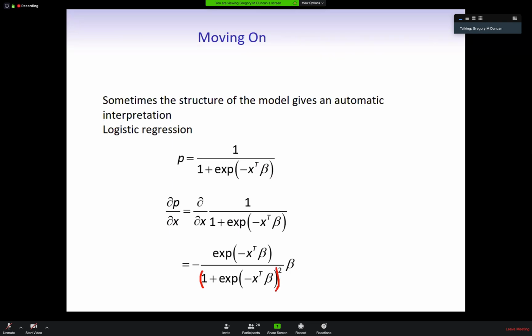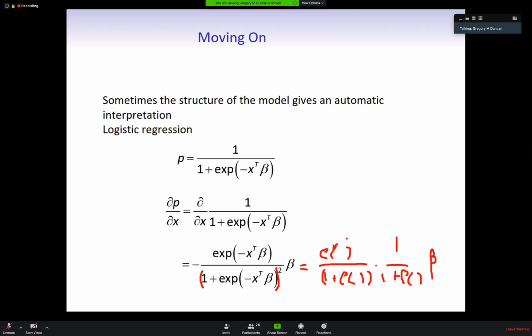Sorry about that. And so this equals, I'm just going to write E stuff over 1 plus E stuff, times 1 over 1 plus E stuff, times beta. So, just so you see that.